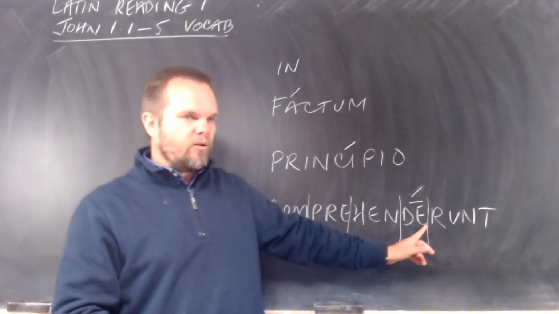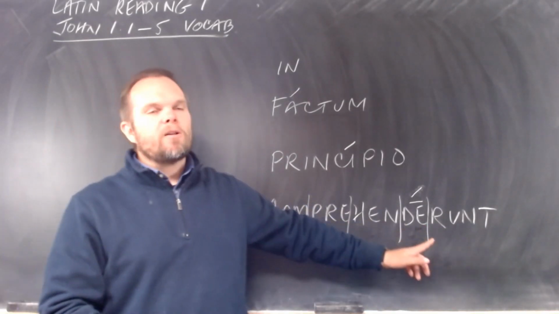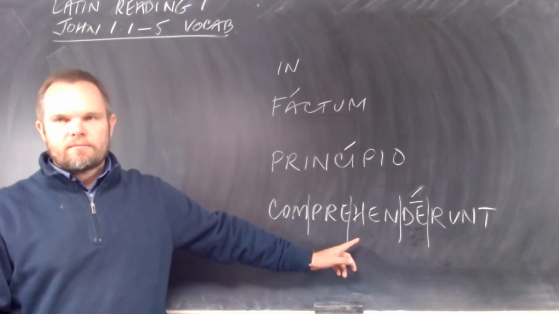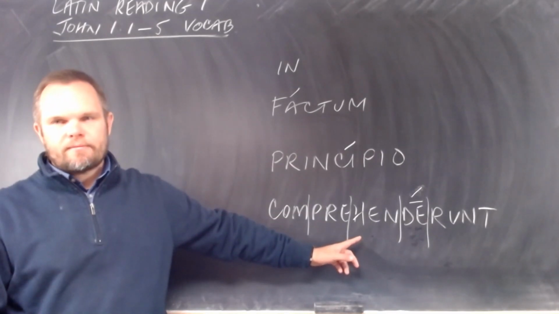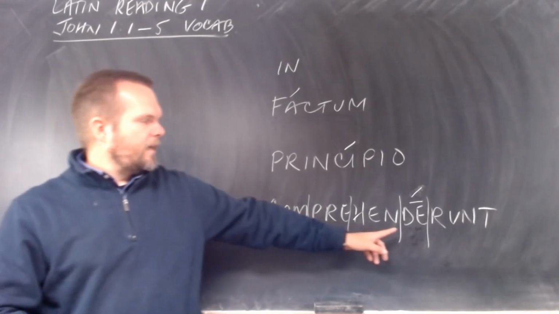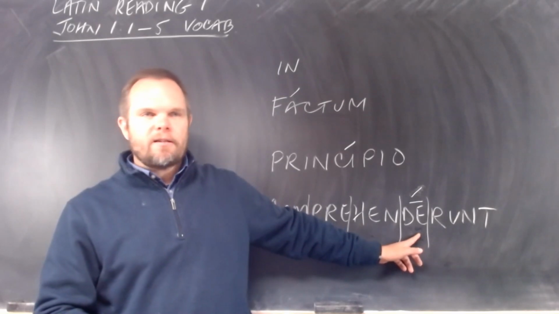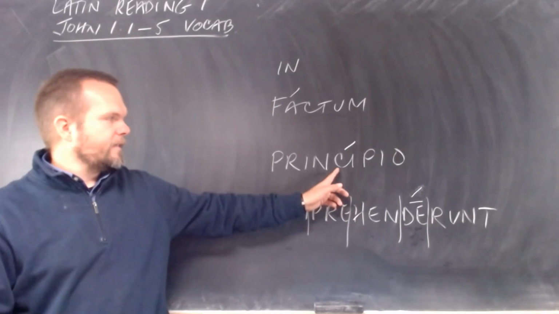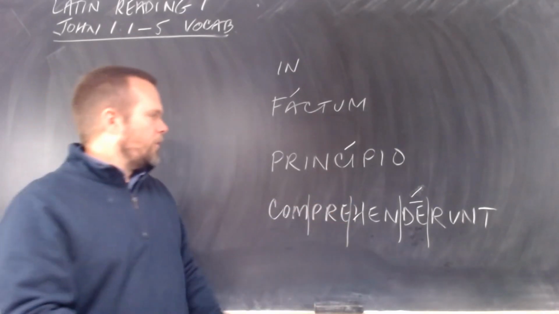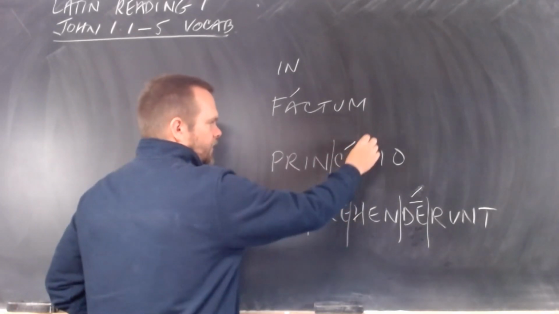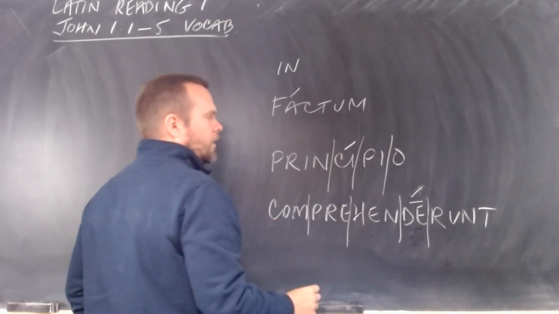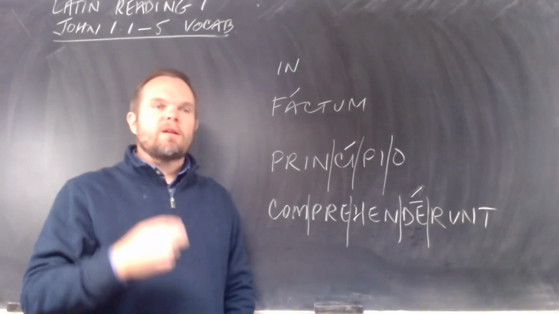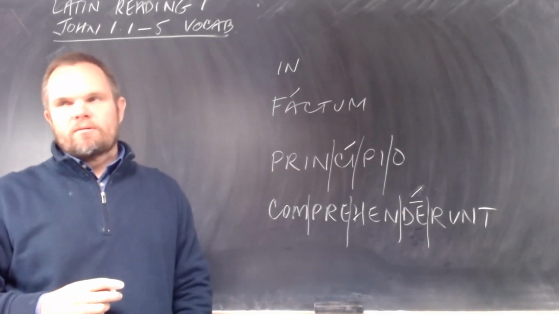But if that's not long, then the accent goes back one more syllable. Pay attention. If the second to last syllable is short, the accent moves back one more syllable. And that's what we see here. We have prin, ci, pi, o. Latin would like to put the accent on the pi. It would like to say principio.